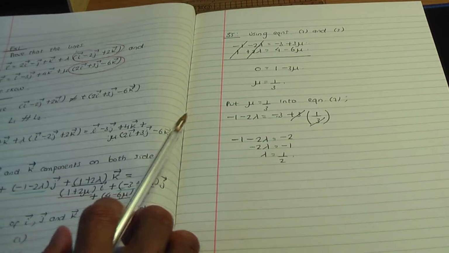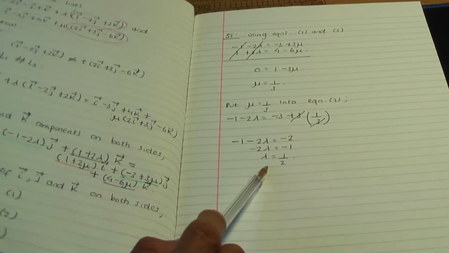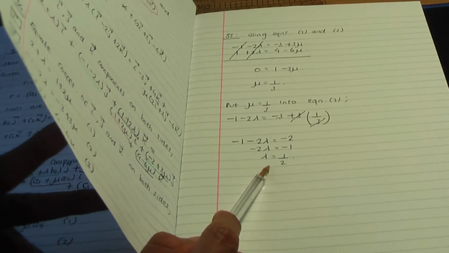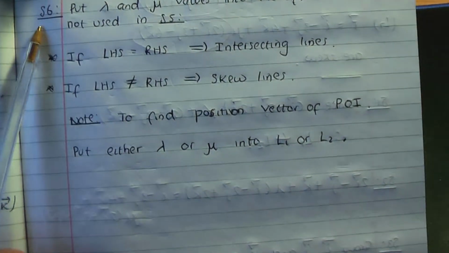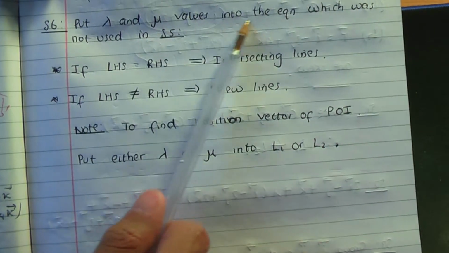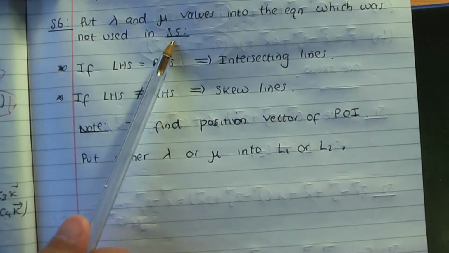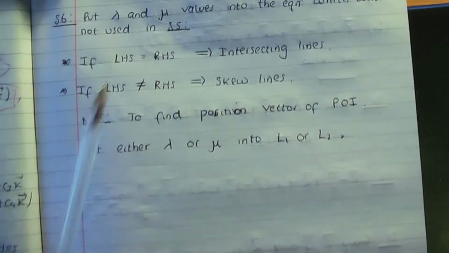So remember the next stage. The next stage is we need to put the mu and the lambda values into the equation we haven't used. So let me just remind you, that was step number 6. You put the lambda and mu values into the equation which was not used in step 5, the previous step.